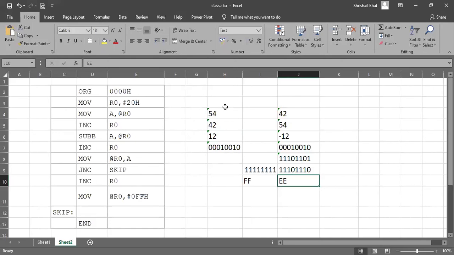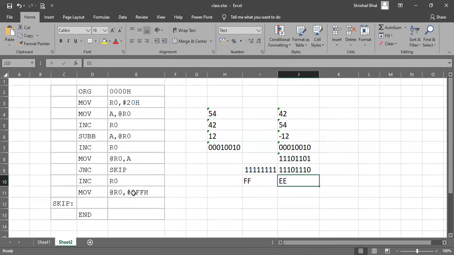In that case, you check the carry. If there is no carry, you go to skip. That means you do nothing. If there is carry, you need to store FFH in the higher order bits. That is because FFH means all ones. If the MSB is 1, it will indicate a negative number, right?